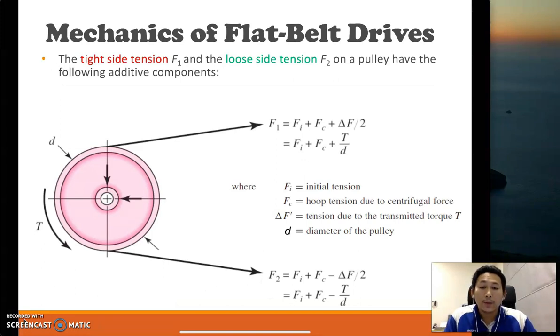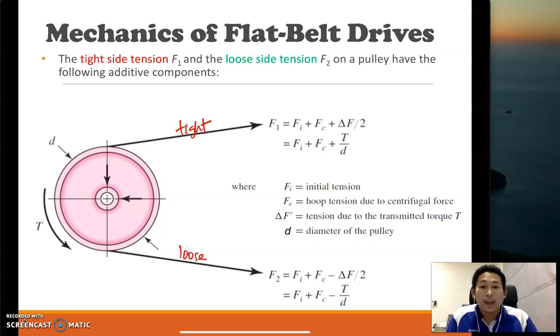We continue with the mechanics of the flat belt drive. For the first one, this is the driver. The tight side tension is F1 and the loose side tension is F2. On the pulley, we have the following additive components.